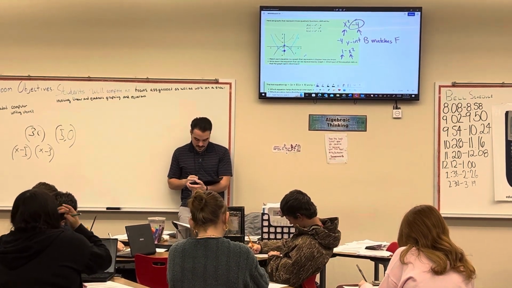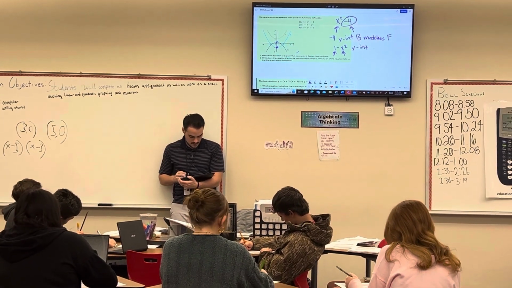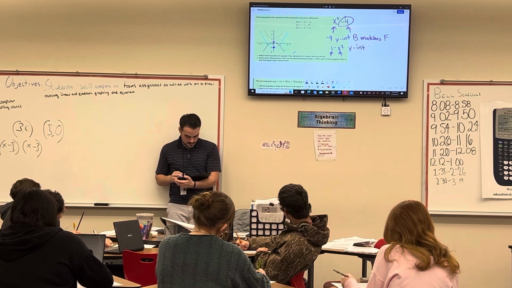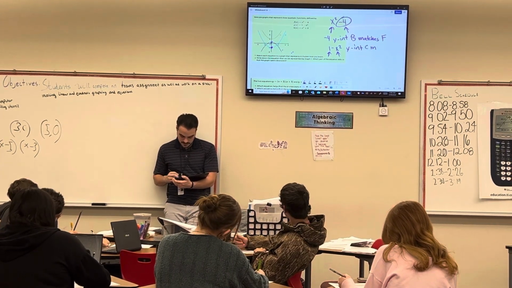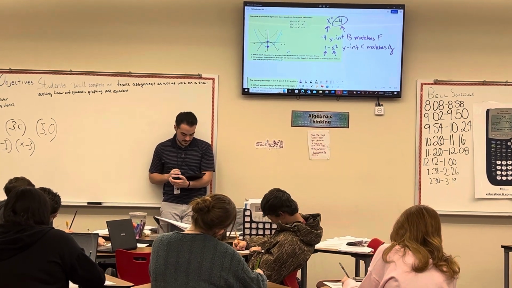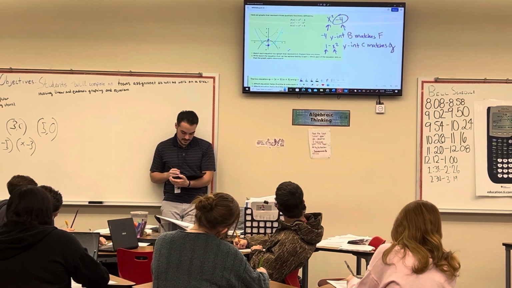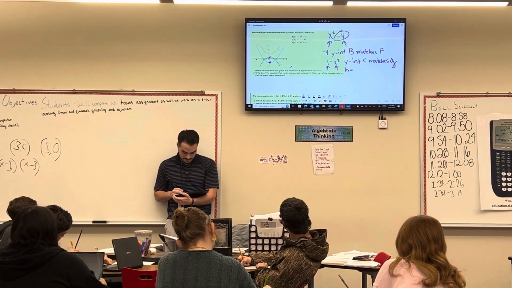Okay, so we got y-intercept of 1, C matches g, I'm sorry. And the last one is process of elimination. We know h is gonna match with A, right? Okay.